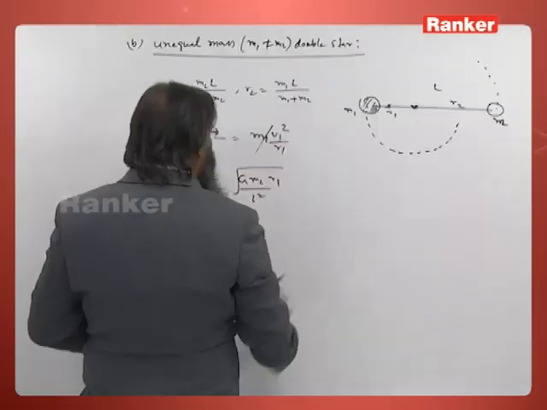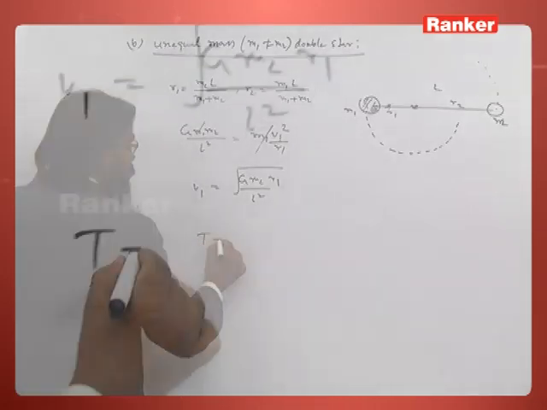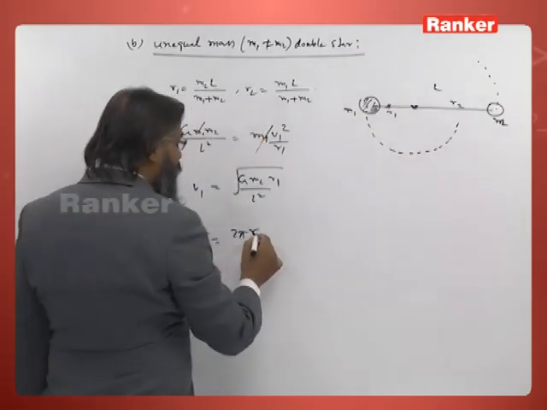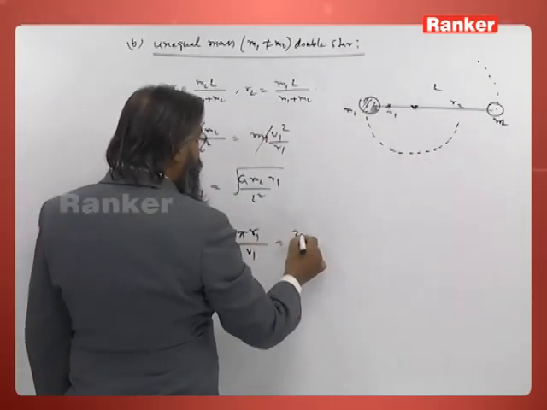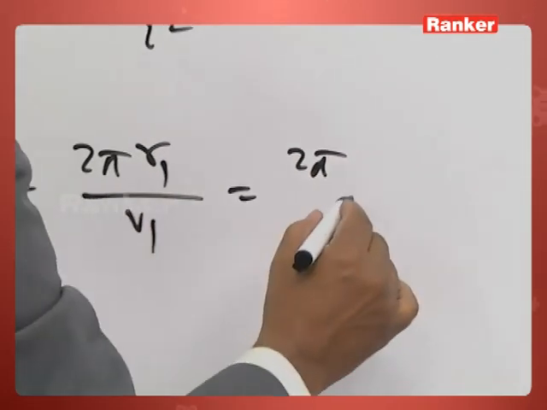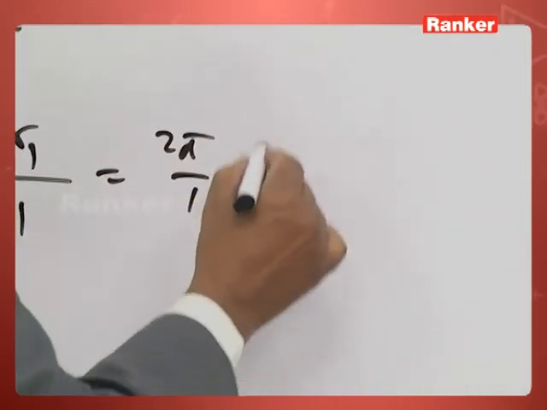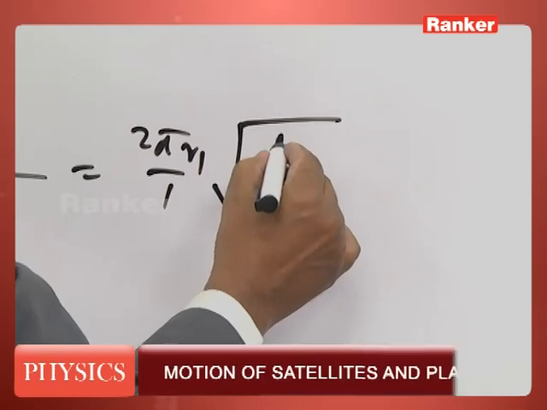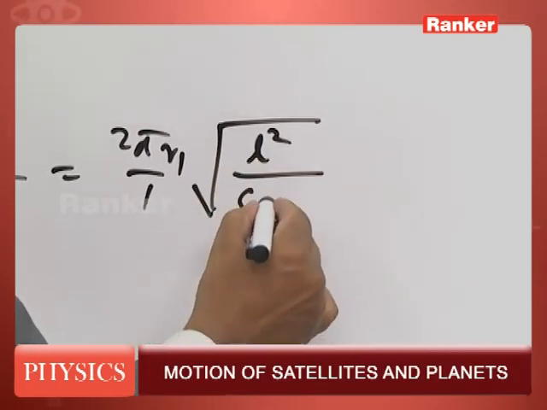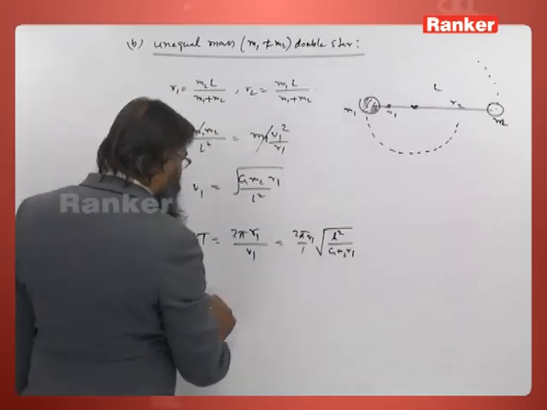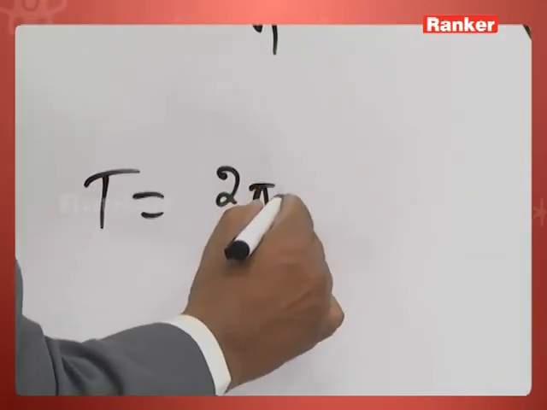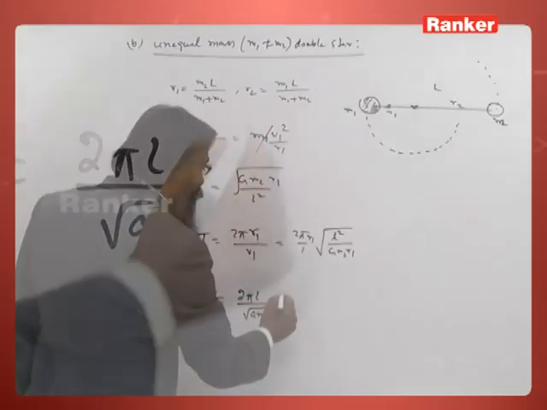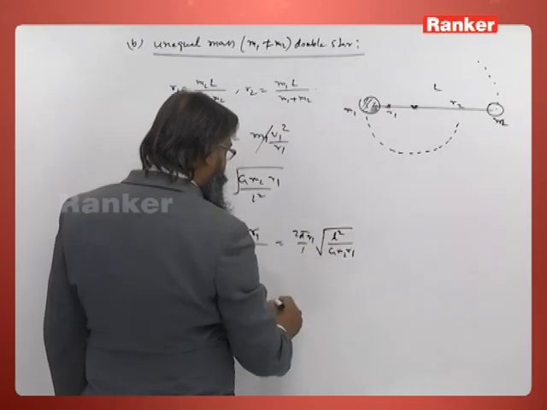Now, this time period will be given by 2 pi r1 by v1, that is 2 pi r1 times root over L square by G m2 r1. So, we have the time period as 2 pi L root over r1 by G m2.